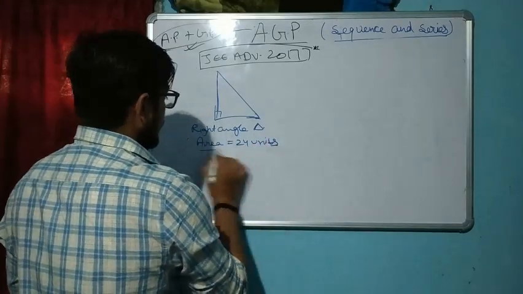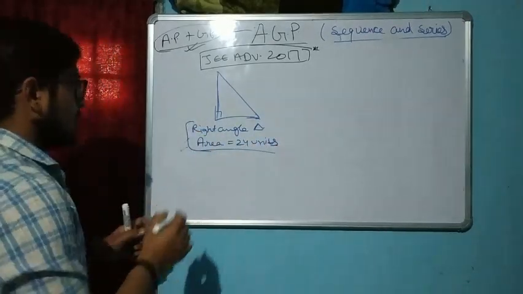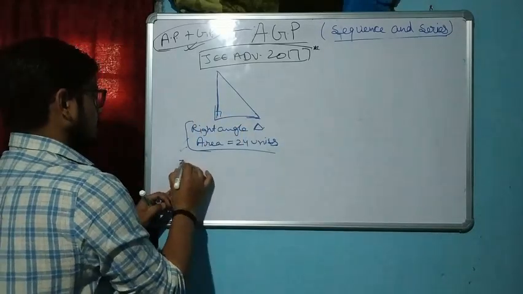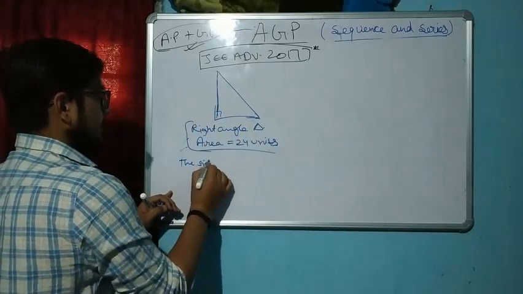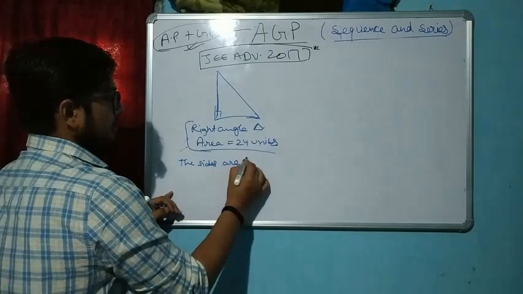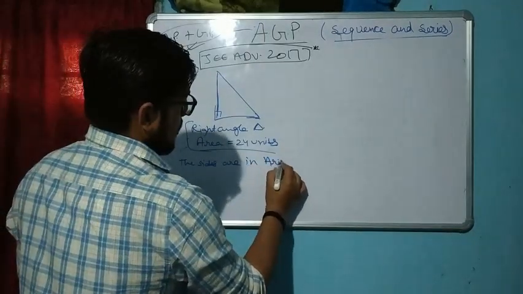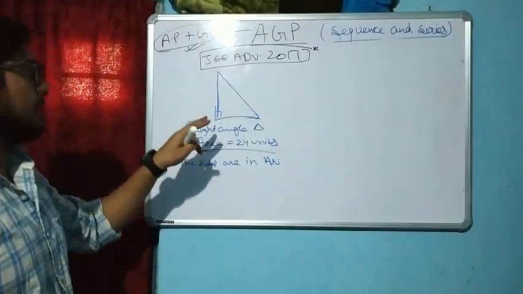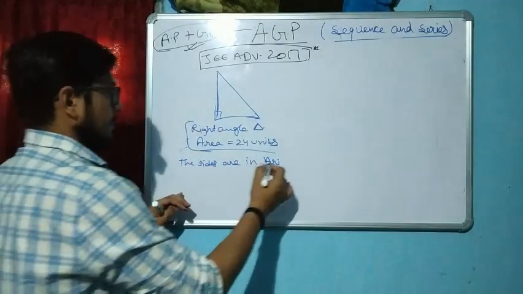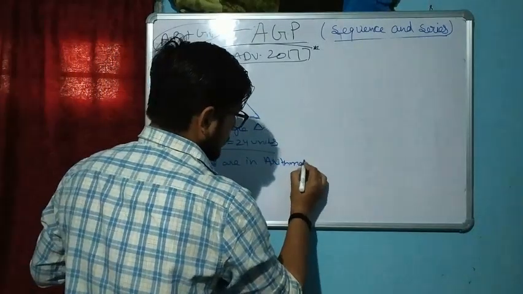The area was given in the question, and the sides of the given right angle triangle are in arithmetic progression.